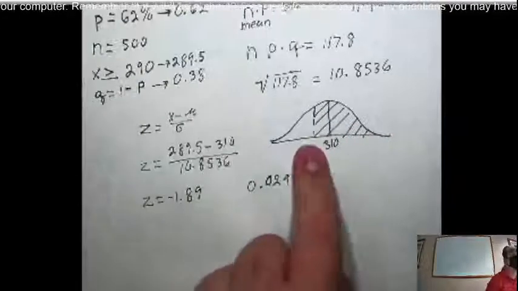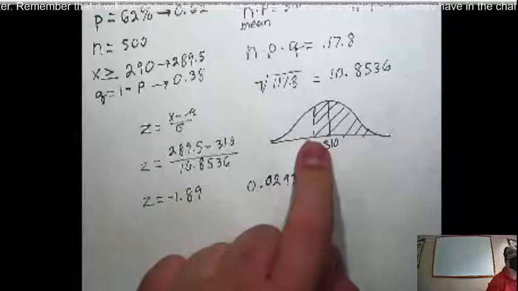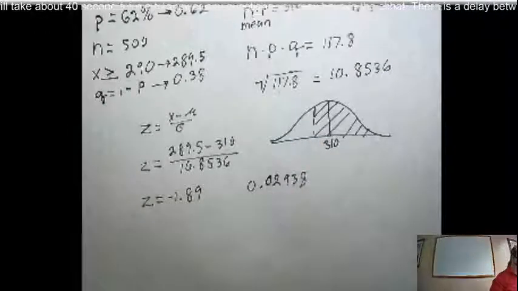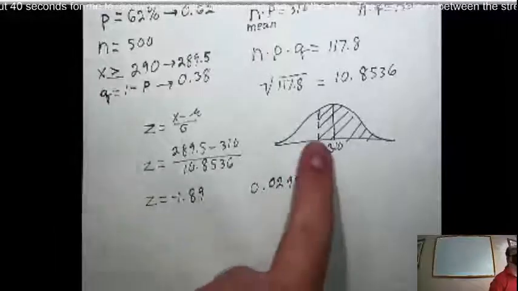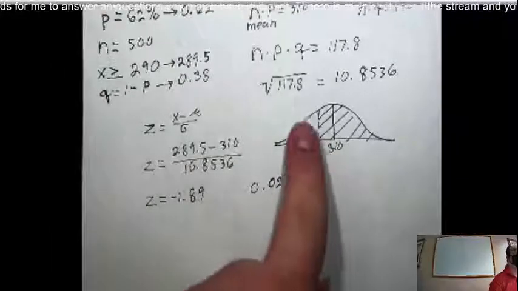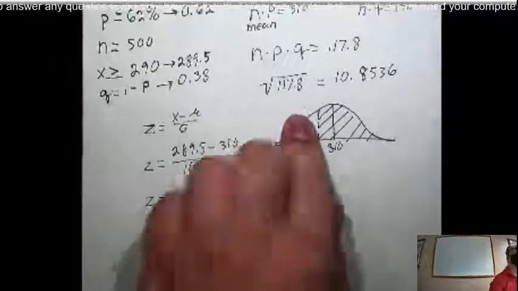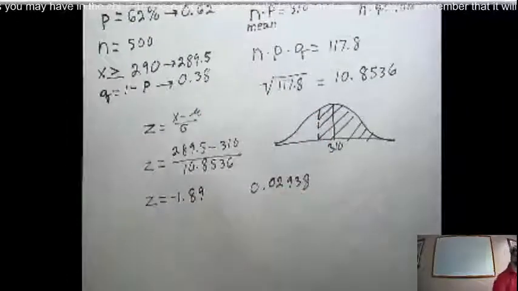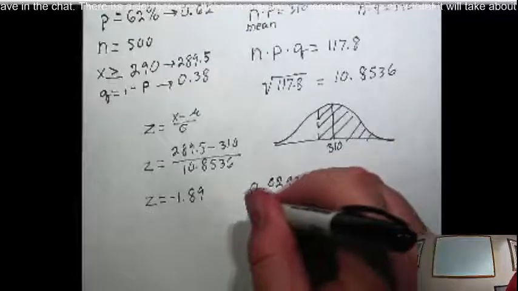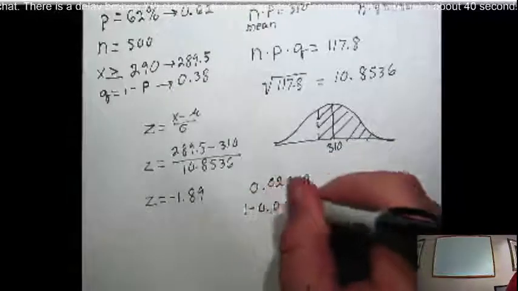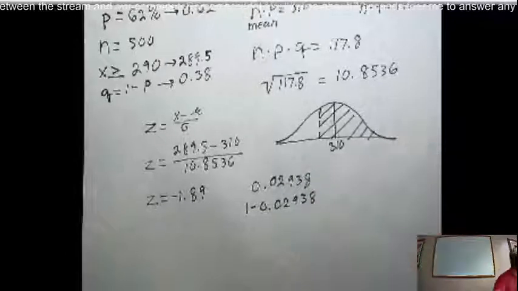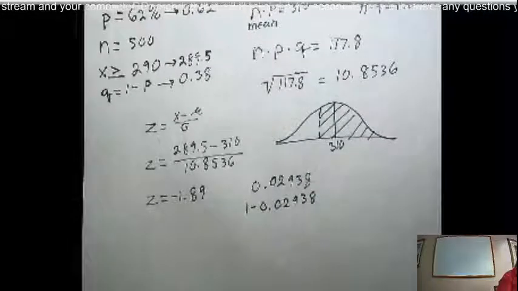But again, this is where that sketch comes into some use. What we just calculated is the area below the point. So this is just this unshaded region. We don't want that though. We want the other half. So we're going to have to subtract this from 1. So 1 minus 0.02938.